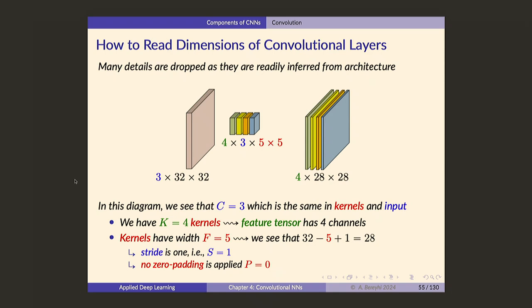The filter is 5 by 5, but it has the same number of channels, which is 3. So this is again 5 by 5, and it has the same depth, which is 3. And we have 4 of them, right?